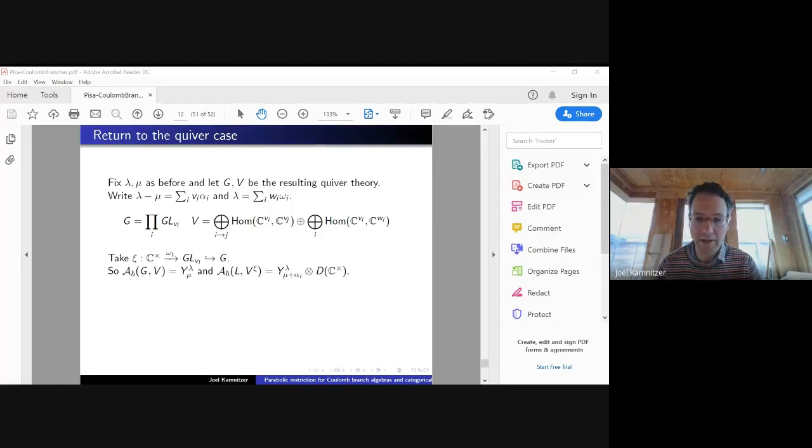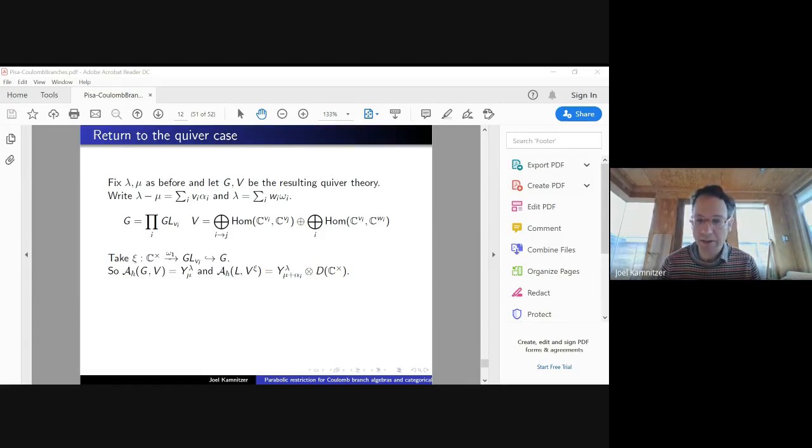So I haven't talked at all about symplectic resolutions in this talk, maybe just as a word. Sometimes these affine Grassmannian slices admit symplectic resolutions, and sometimes they don't. The main circumstance in which they do is when lambda is the sum of minuscules.